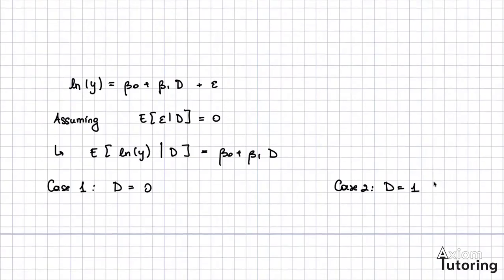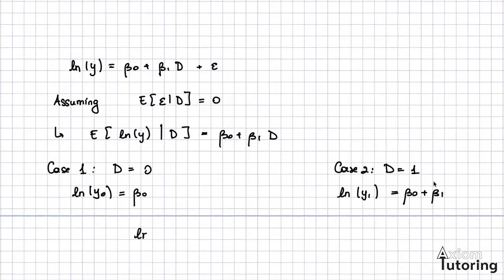So for D0, where D is equal to 0, then ln of Y0 is basically your beta 0. While for D1, your ln of Y1 is equal to beta 0 plus beta 1. Which means that if you are trying to subtract and find the difference, so ln of Y1 minus ln of Y0, then the difference is clearly this beta 1.